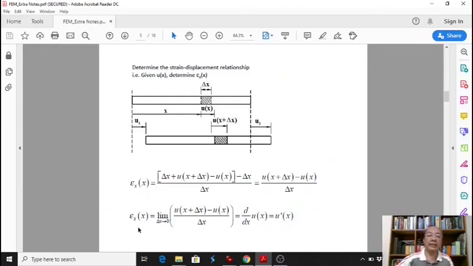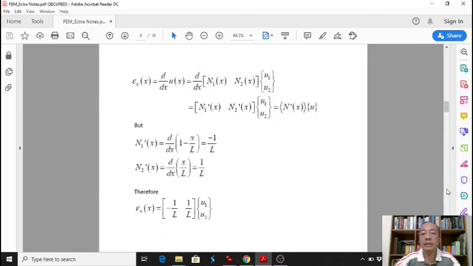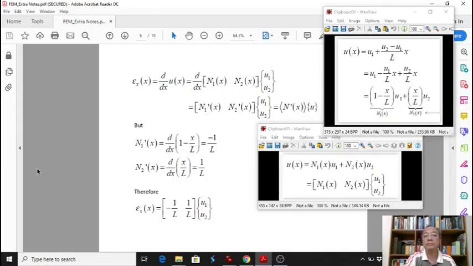We can conclude that strain is equal to du per dx, where u is a displacement function. From the last slide, we found that strain is equal to du per dx.